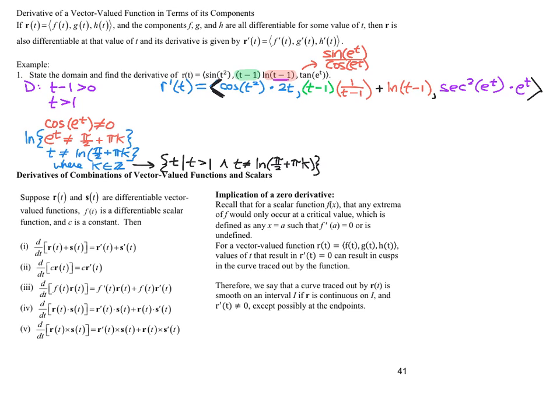Derivatives of combinations of vector valued functions and scalars. So this is where the rubber meets the road, because we know that we can take the derivative of a vector valued function because it's made up of other functions of t. The process is not bad, but then it begs the question, what does that mean? Because a vector valued function, go back to those graphs, is the curve generated by vectors pointing out into space.